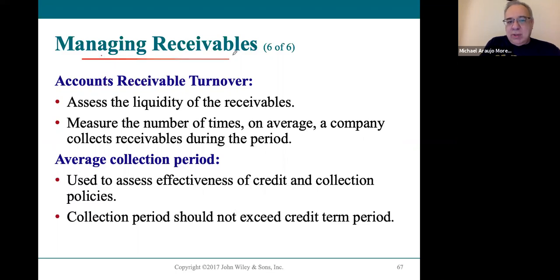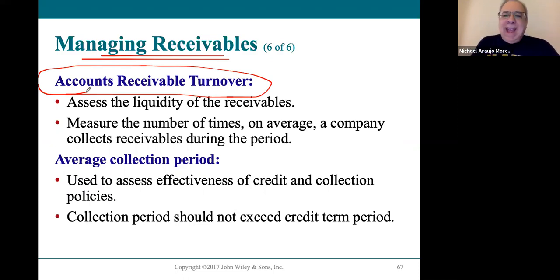But they use simply these two financial ratios to monitor the receivables. The most important one is the accounts receivable turnover. It's the number of times per year that they're going to collect their receivables.